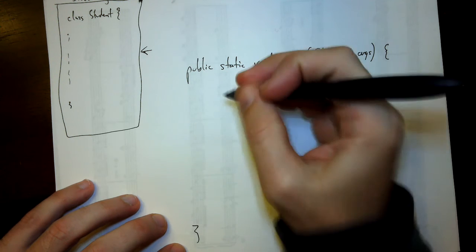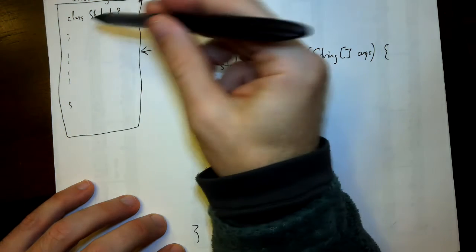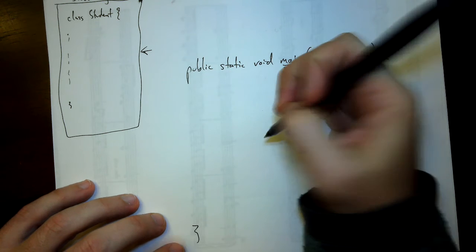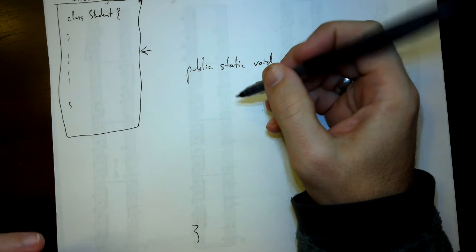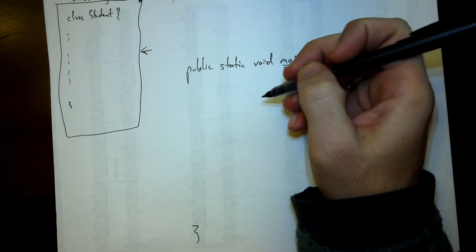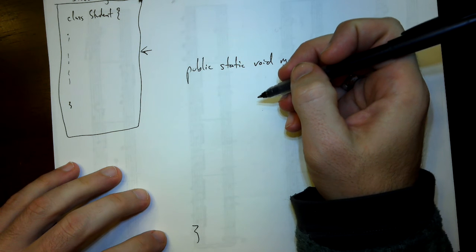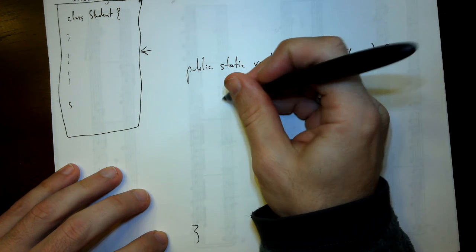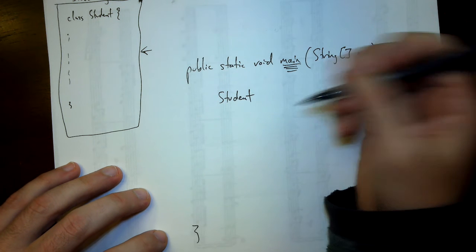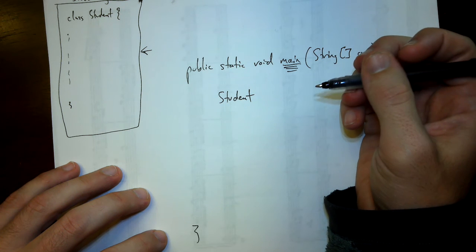Because we have this class definition, instead of just having integers and doubles and booleans and things like that, we have created a brand new variable type called student. So I can say student, what should I call my student?